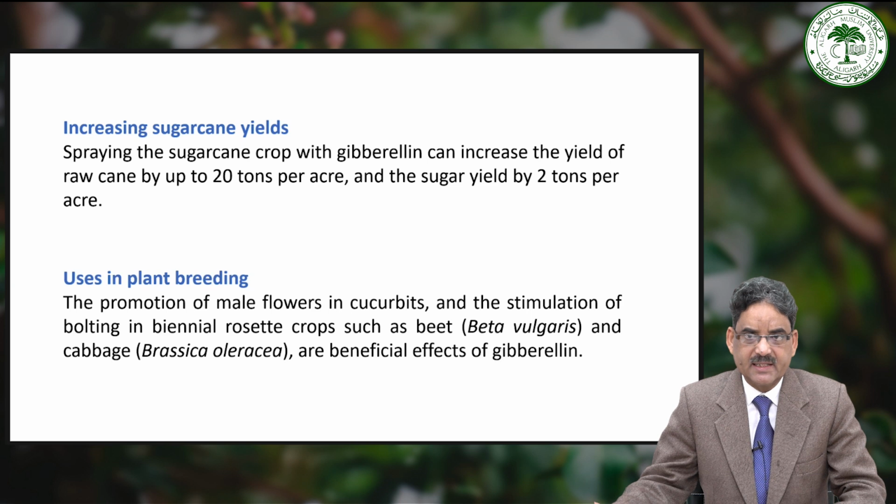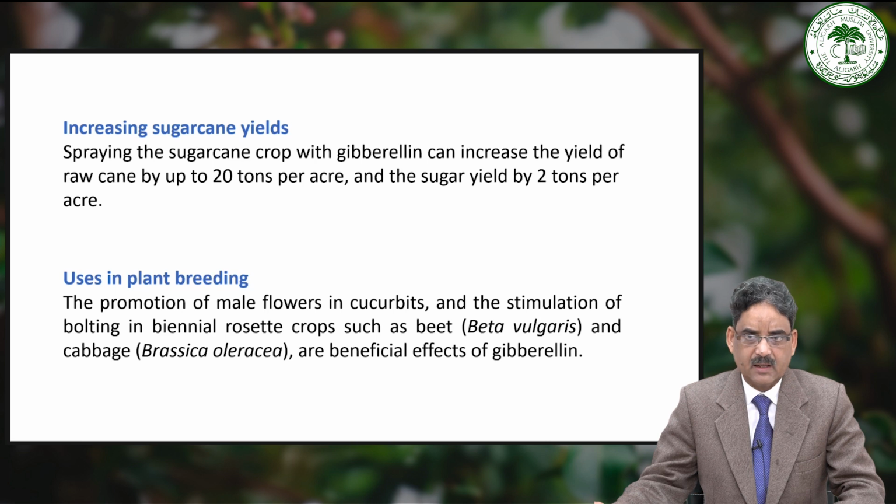Spraying sugarcane crop with gibberellin has demonstrated the potential to significantly boost the crop yield. So, the application of gibberellin, a plant growth regulator, contributes to enhanced raw cane production and increased sugar yields per acre.